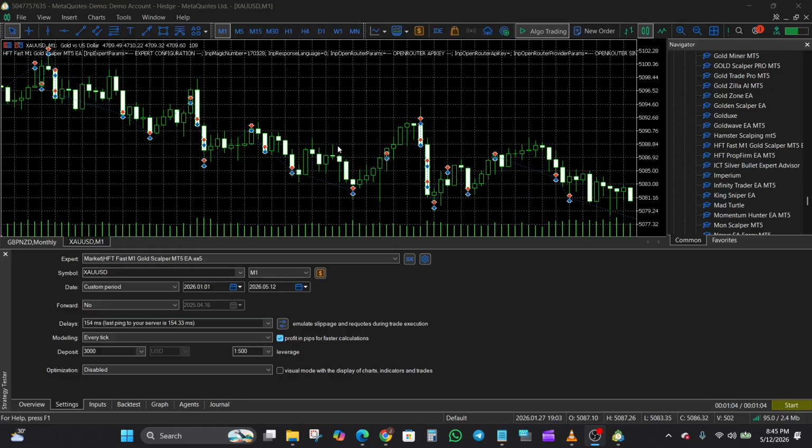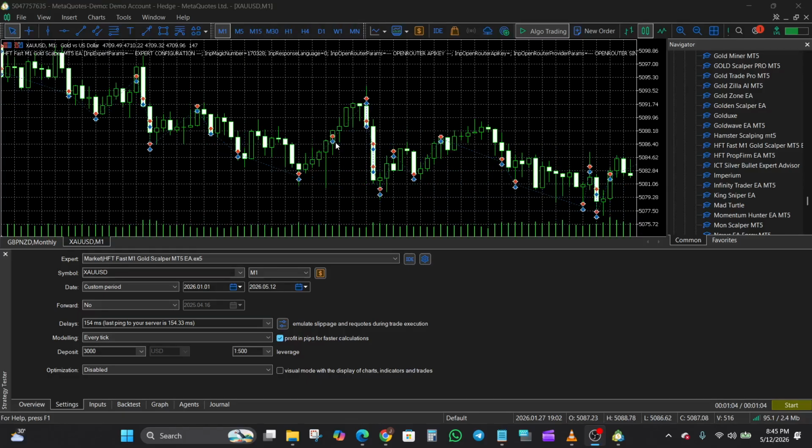So since this is operating on lower time frames like M1 and includes high frequency behavior, broker execution quality, spreads, latency, VPS performance, and market volatility can all significantly affect how the EA behaves in real conditions. The developer also recommends raw or ECN accounts only and specifically notes that commission-free crypto trading environments are preferred for BTCUSD and ETHUSD because of the already elevated spreads on those assets.